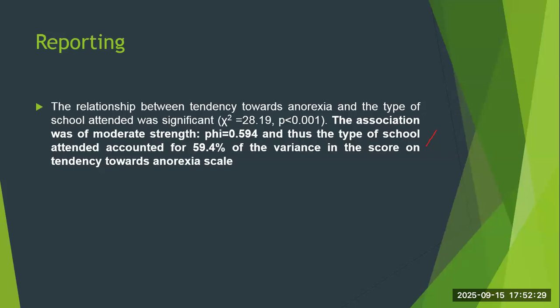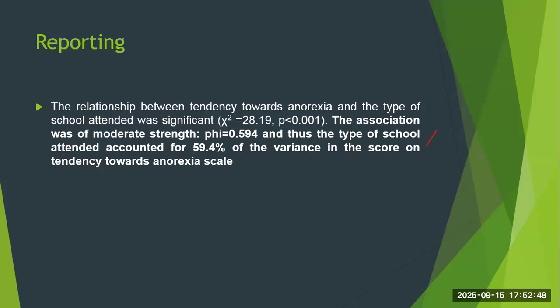Now, if you have gone further to do the phi coefficient, you can also add that the association was of moderate strength. Moderate is because of the phi coefficient. Any phi coefficient less than 0.3 is weak, between 0.3 to 0.6 is moderate, above 0.6 is strong.